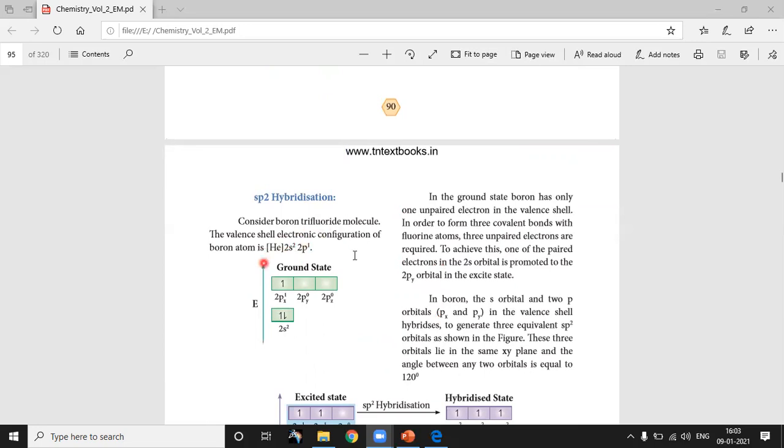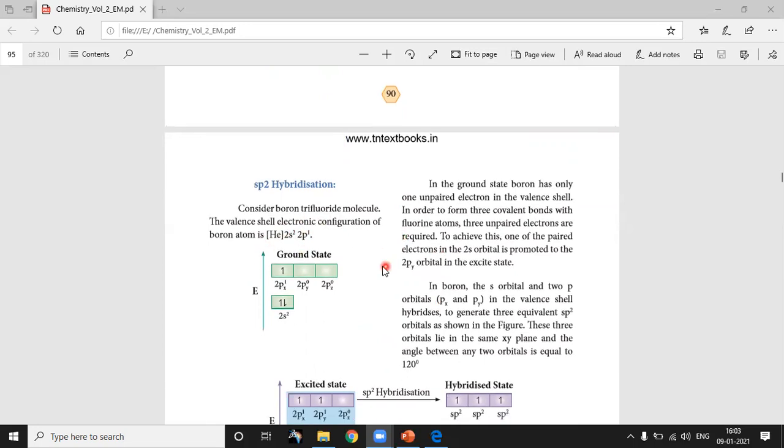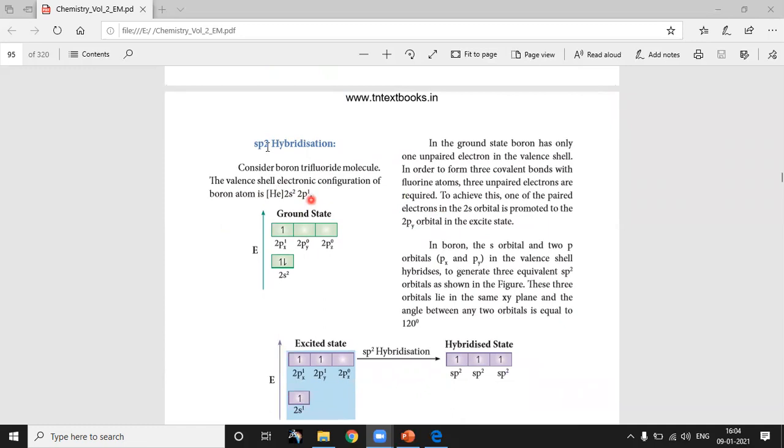So when we look at sp2 hybridization, it will have the 3 electrons. Okay, for example if we take the trifluoride molecule, here BF3.